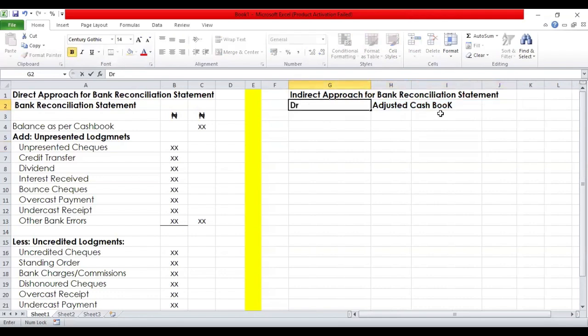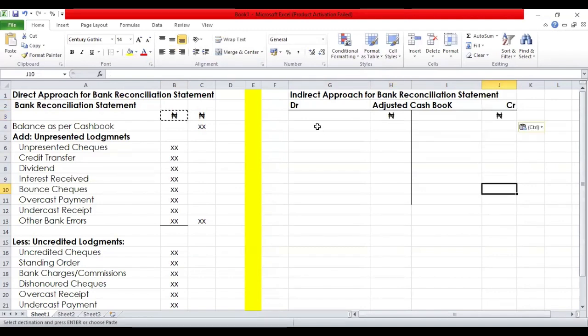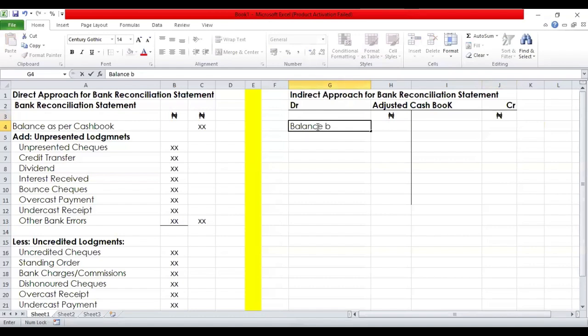We have the debit and the credit side. Now, the first thing to recognize there is the opening balance, balance brought down.